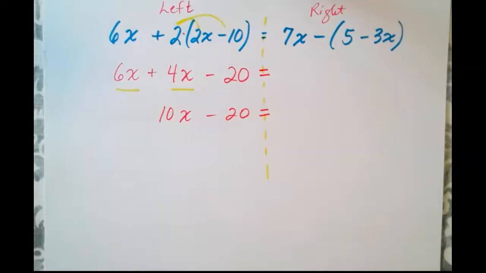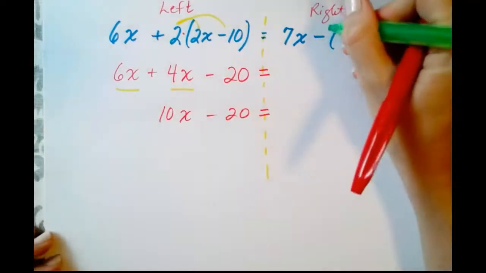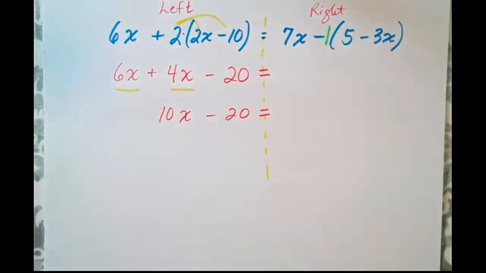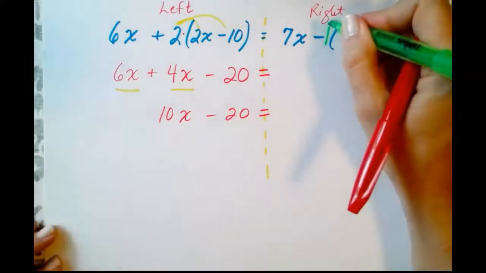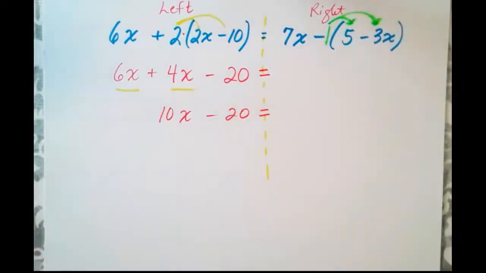Now, I've chosen this problem because we have the situation where we have a minus sign that is directly in front of parentheses. And when we have a minus sign that directly precedes parentheses, it does indicate that we need to use the distributive property, and we will be distributing a -1. So we're following order of operations. We're simplifying the left-hand side.